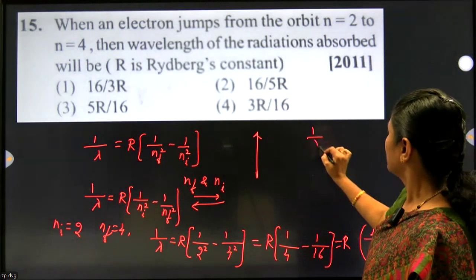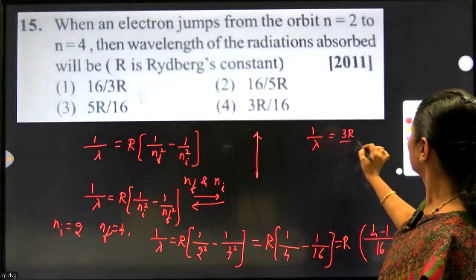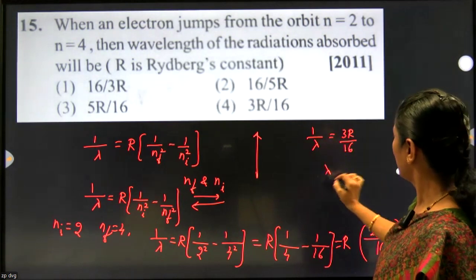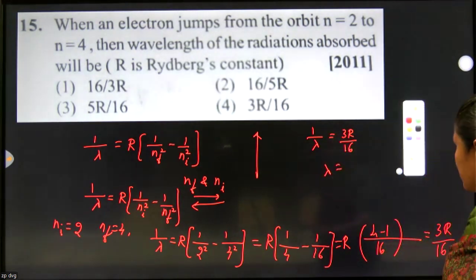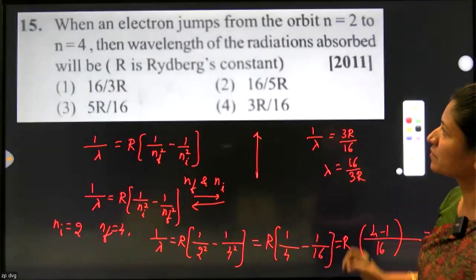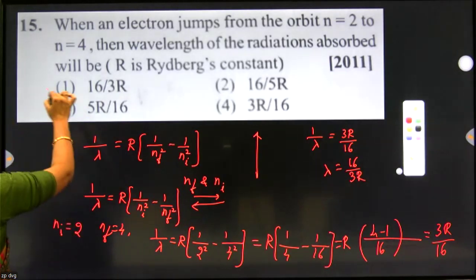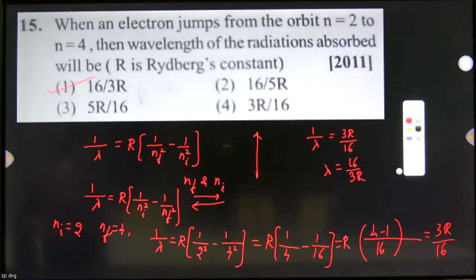So 1 by lambda is equal to 3R by 16, and lambda is equal to 16 by 3R. The first one is the answer.